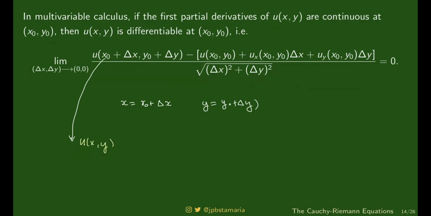Ito naman, yung nasa loob ng bracket, kukulayan ko ng pula, that's u of x naught y naught plus u_x of x naught y naught times x minus x naught plus u_y of x naught y naught times y minus y naught. Ano naman yung pula na yan? Yung pula na yan, yan yung equation for the tangent plane.